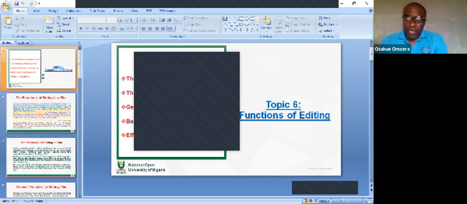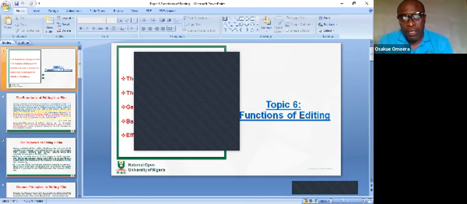Our topic for this week is functions of editing. Under the functions of editing, we want to look at what we've tagged functions of editing a film. We'll look at the purposes of editing a film, general principles in editing film.